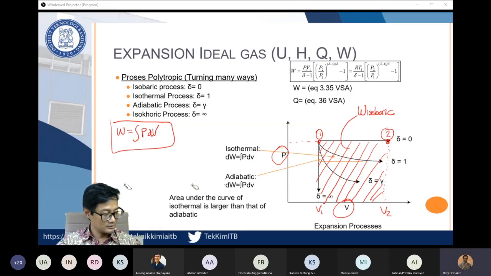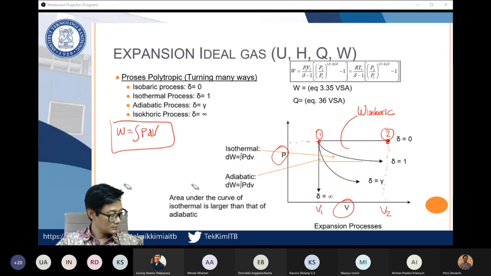To make it easier to understand, I will remove this shadowy area. Now the final condition is here for isothermal. I will remove this point as well.